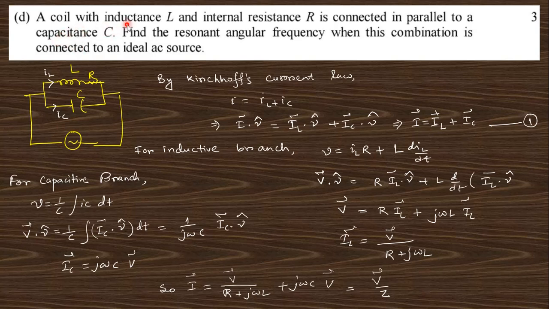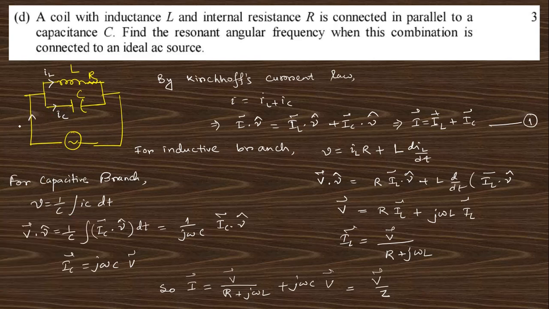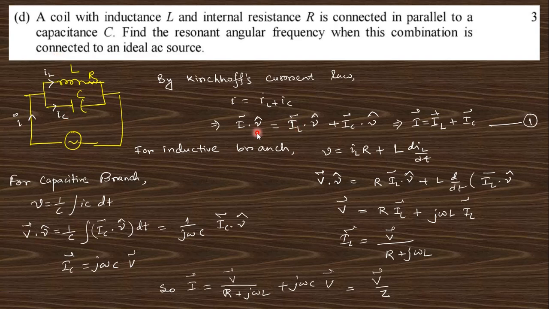A coil with inductance L and internal resistance R is connected in parallel to a capacitor C. Find the resonant frequency when the combination is connected to AC. You can see the total current I will be the sum of IL plus IC. In vector form, I vector equals IL plus IC.